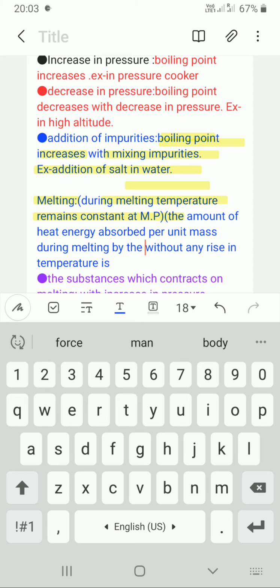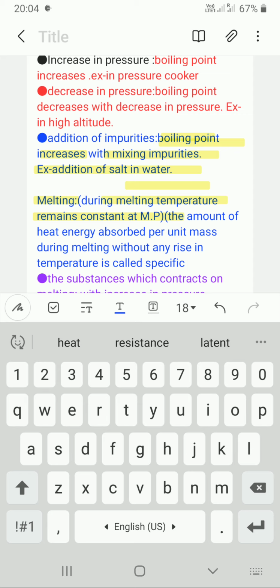The amount of heat energy required to melt ice, so ice requires that heat energy. Without that heat energy ice will not melt.